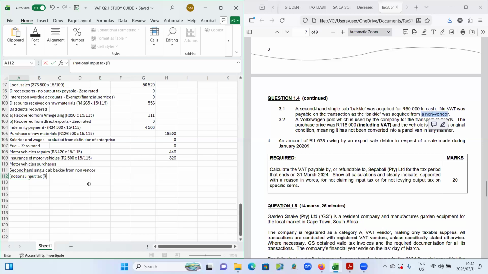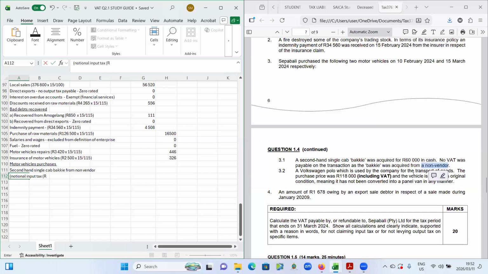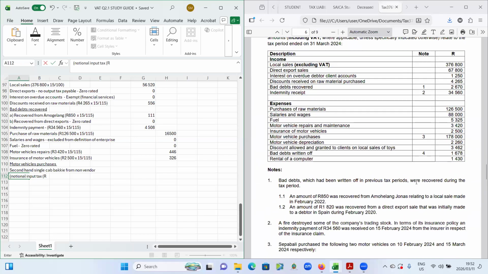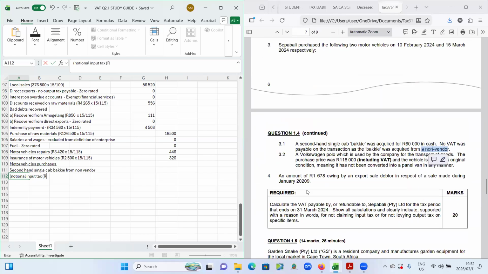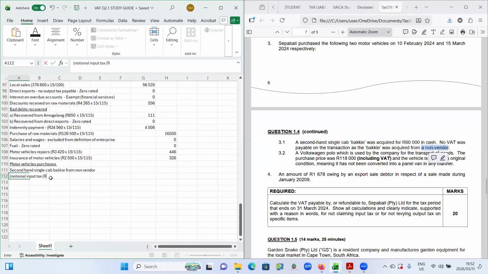Okay. So how much is the amount? 60,000 rand, isn't it? Multiply by 15/115. How much is the amount of input tax that must be claimed?